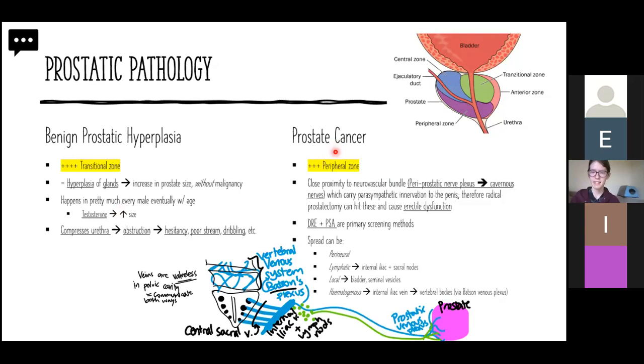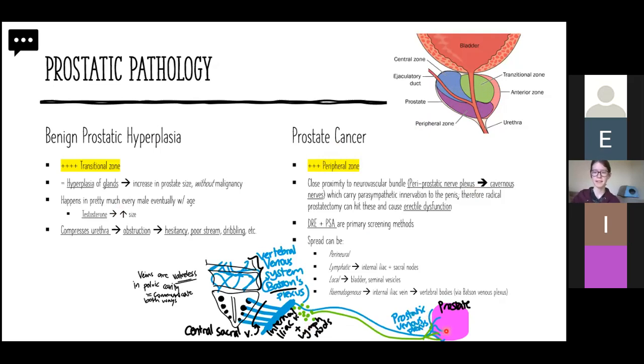With prostate cancer, that more affects the peripheral zone, so more the outside. So it sometimes doesn't have as much urinary effects as the benign prostatic hyperplasia does. Important things to know with prostate cancer is its spread. So lymphatics, it'll go straight to those internal iliac lymph nodes, and same with the veins.